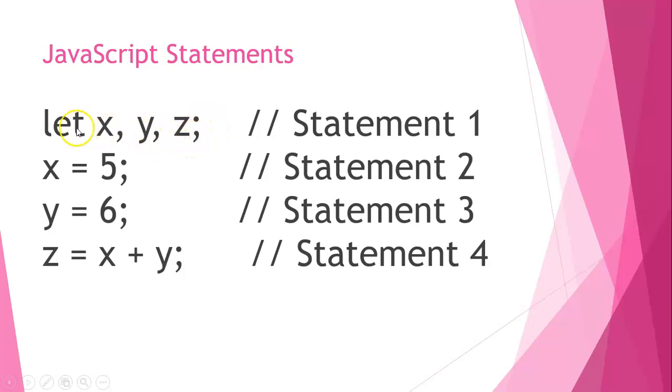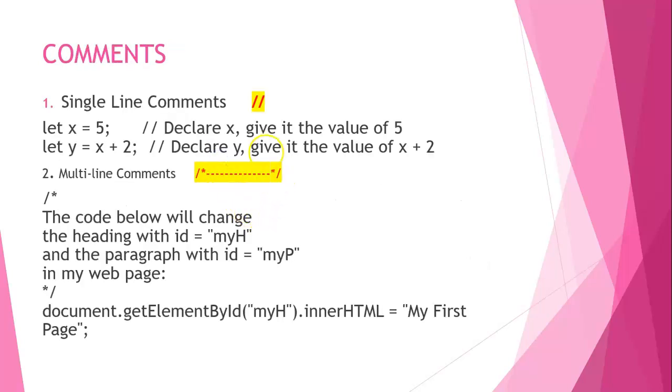At this point, we have not even defined the data type of these variables, but I'll be explaining how they are treated by the system. Then we have the second statement, a third and the fourth. Those are statements.